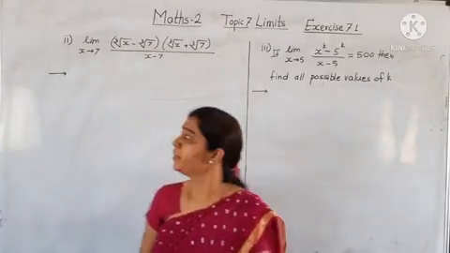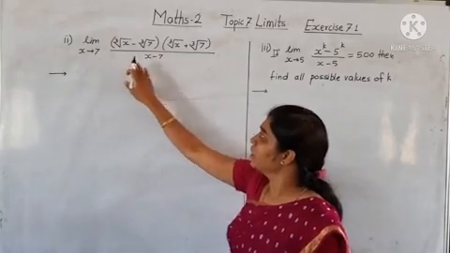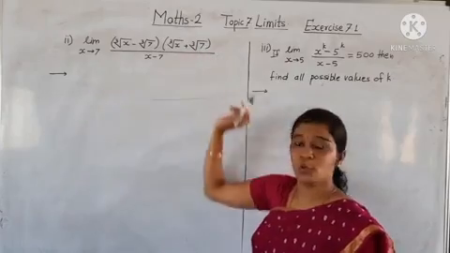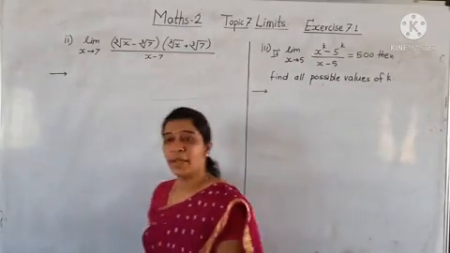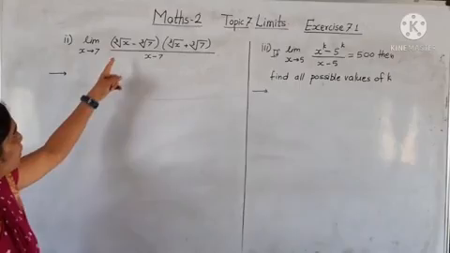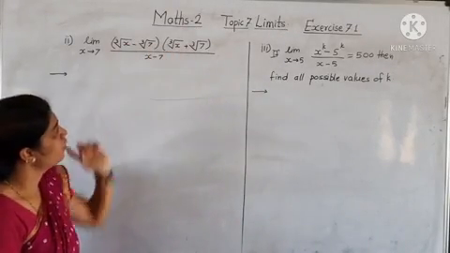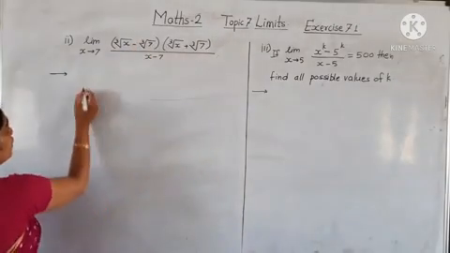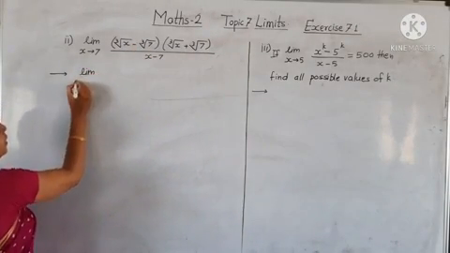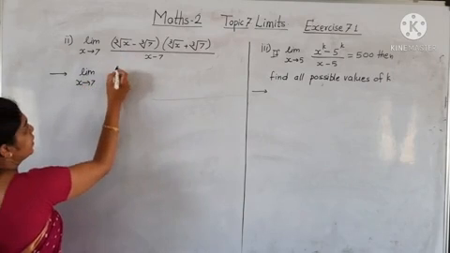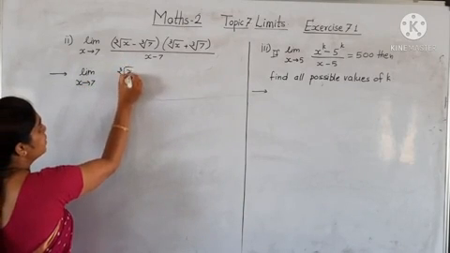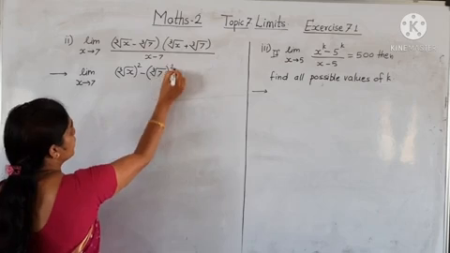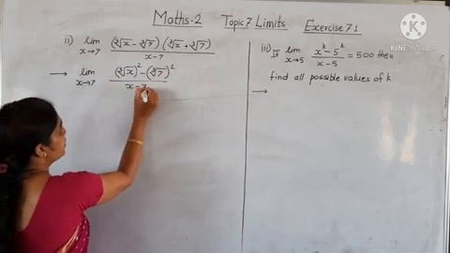See the second example. Limit x tends to 7, cube root of x minus cube root of 7 into cube root of x plus cube root of 7 upon x minus 7. Here observe, this is of the form a plus b and a minus b. So first we simplify this. Limit x tends to 7, cube root of x square minus cube root of 7 square upon x minus 7.